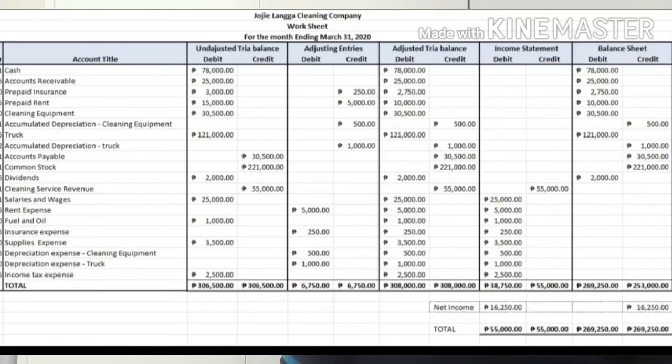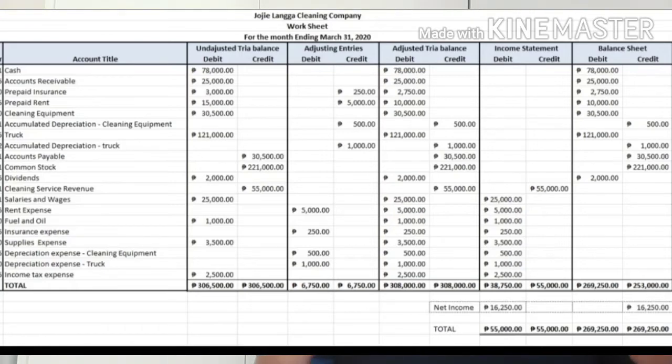Now we will proceed with the adjusted trial balance column. We take the unadjusted trial balance and consider the adjusting entries. So this time we are going to apply the debit and credit rule.